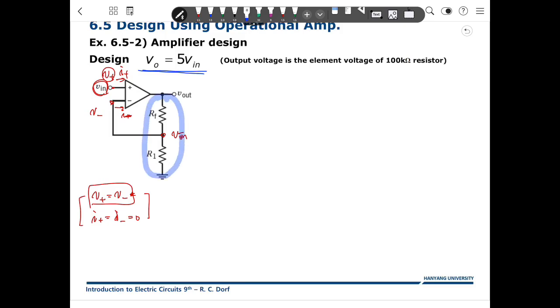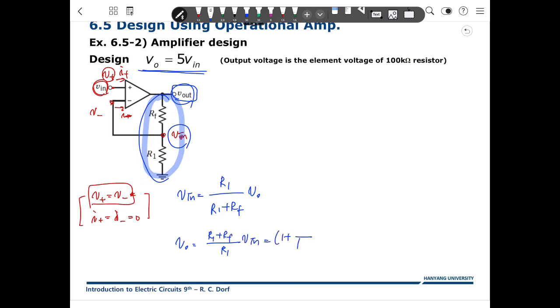Based on this circuit, you can get the relationship between V out and V in. What is that? V in is a voltage divider of R1 and RF, with R1 and V out. So V out will be (R1 plus RF) over R1 times V in. So 1 plus RF over R1, times V in. Say you want a gain of 5.